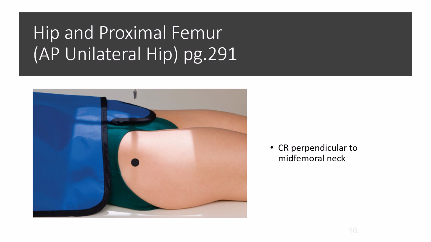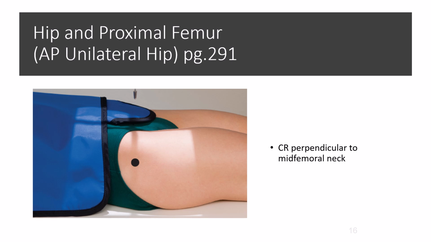If it's flopped out, do not internally rotate the leg. So if you really strongly suspect a fracture, just shoot it however the patient is. If they walked in and they're just having femur pain or hip pain and they walked in on it, then you can most likely internally rotate that leg 15 to 20 degrees. And the central ray is perpendicular to the femoral neck.